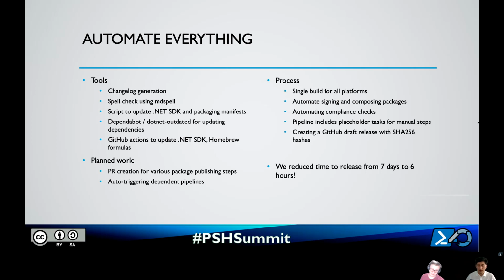So, planned work: PR creation for various package publishing steps, like WinGet, and for installing PowerShell, we need to go create that PR. And there are various other places. Auto-triggering dependent pipelines, like we have PowerShell, Snap, just a ton of them.